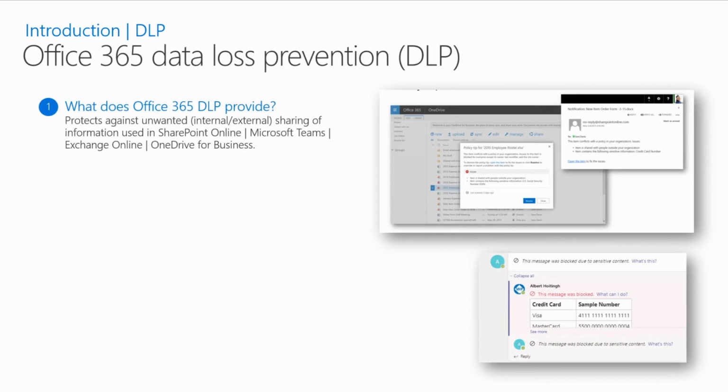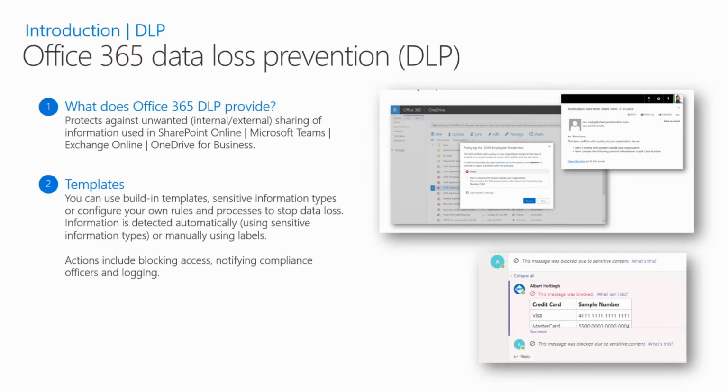So, introducing data loss prevention in Office 365. What does it provide? It protects against unwanted sharing of information. It covers a lot of platforms within Office 365: SharePoint Online, Teams, Exchange Online, OneDrive for Business. You can use templates.